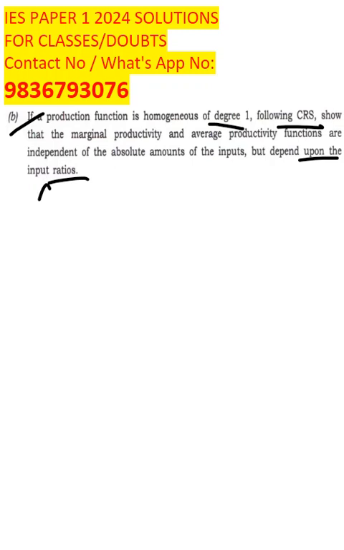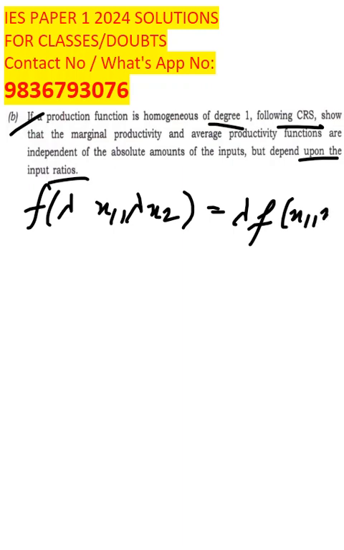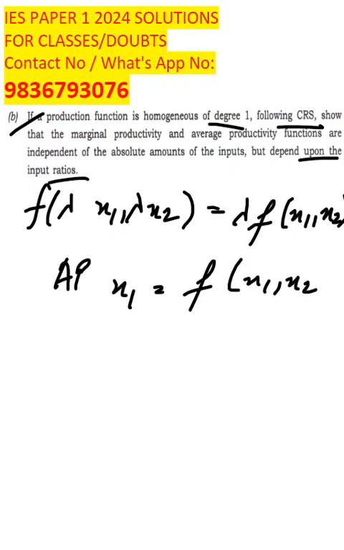That if this x1, x2 is this x1, x2. Okay, so for the same, the average productivity will be f(x1, x2) by x1.